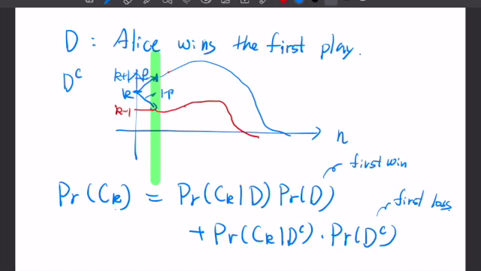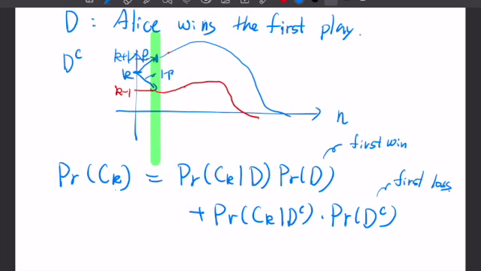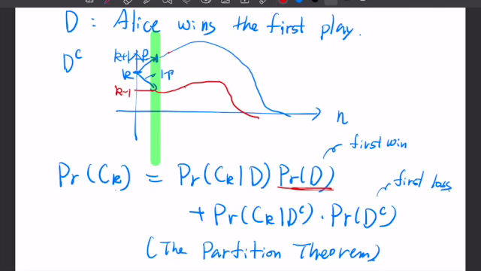So we are here using the partition theorem. And we know that this probability is p, right? It's just one play. Therefore, this probability is 1 minus p.